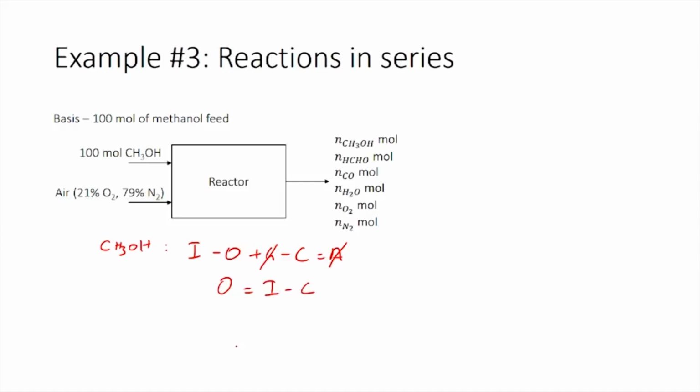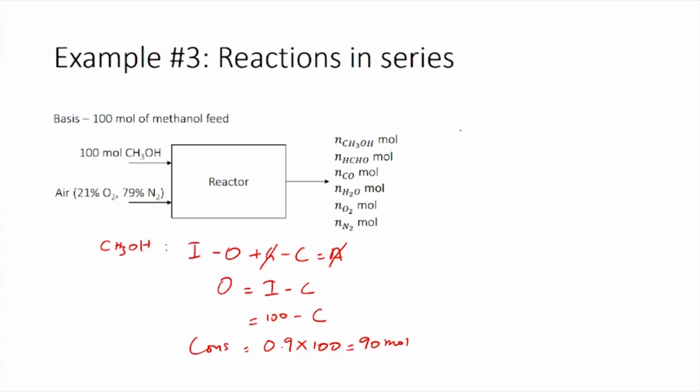Based on the basis we used, we know that the input of methanol is 100 moles, we need to now know the consumption of methanol. We have been told that the conversion of methanol is 90%. So, using that the consumption can be calculated as 0.9, which is the conversion, times 100, giving you the total consumption as 90 moles.